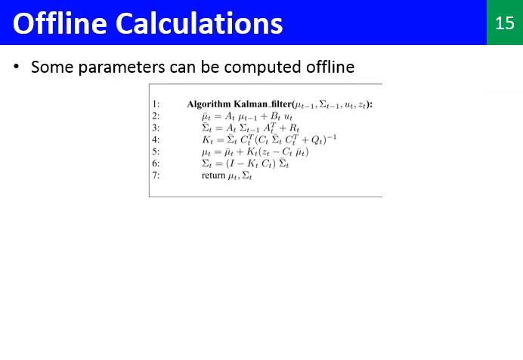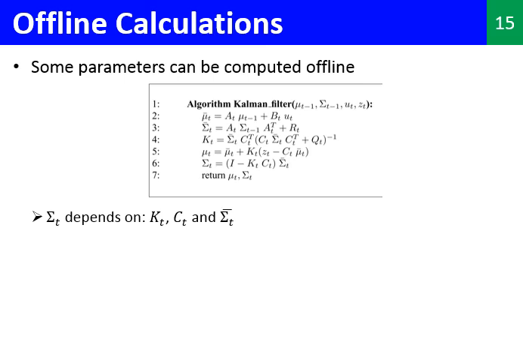Another interesting observation of the Kalman filter algorithm is that we actually don't need to calculate everything in real time. For instance, the uncertainty of the filter can be known even before we run the system. Now if we look at line 6 here, we see that sigma t depends on K, C and sigma t bar.